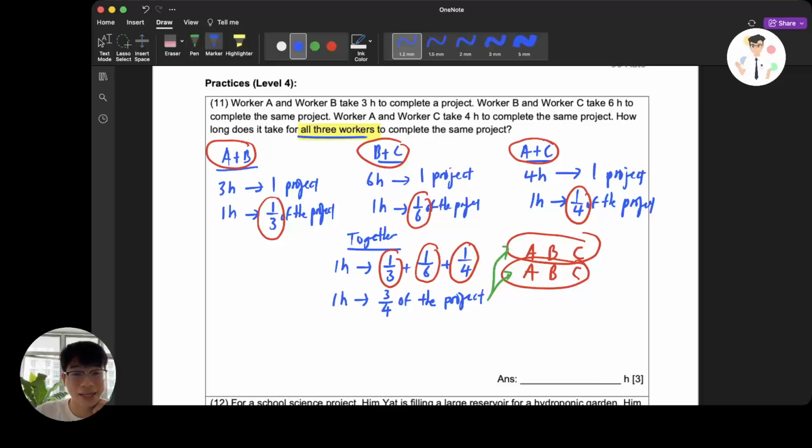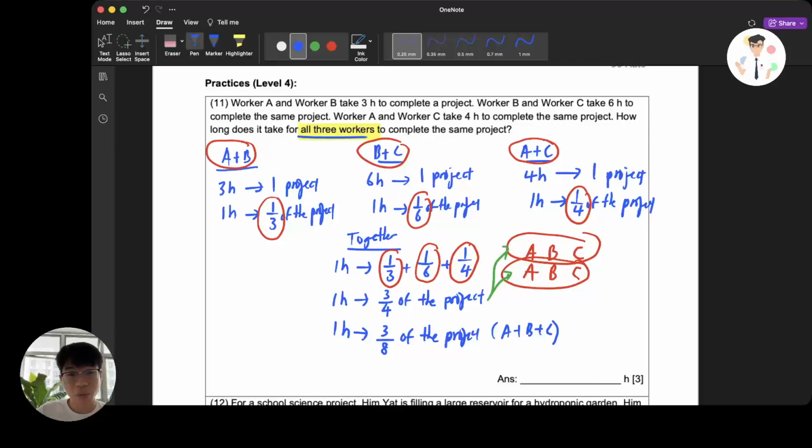So as long as I divide by 2, it will be actually only for A plus B plus C. Oops, I should not divide. I divide by 2 is supposed to be 3 out of 8, sorry. That is a very careless mistake. 3 out of 4 divided by 2 is 3 out of 8. Okay? Because it should be slower, right? Because I have fewer people.